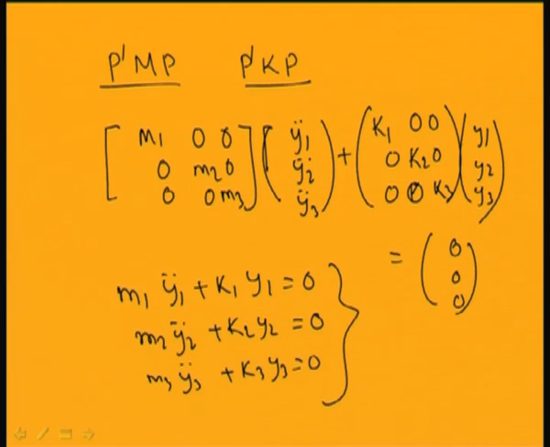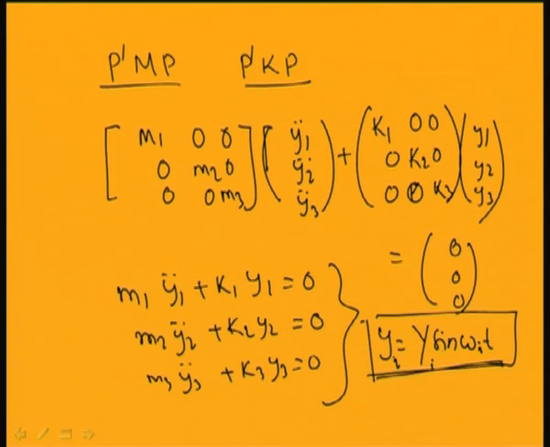From this one can find the frequency of the system: the first mode frequency will be root over K1 by M1, the second mode frequency will be root over K2 by M2, and the third mode frequency will be root over K3 by M3, and Y_i will be written as Y_i sin omega_i t. So, these are the normal modes.